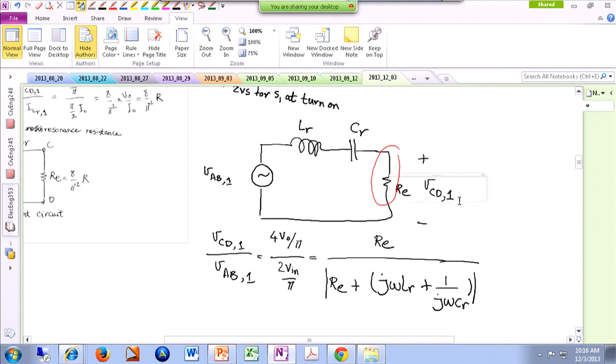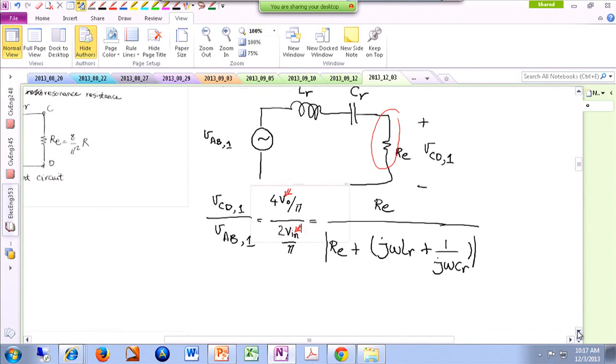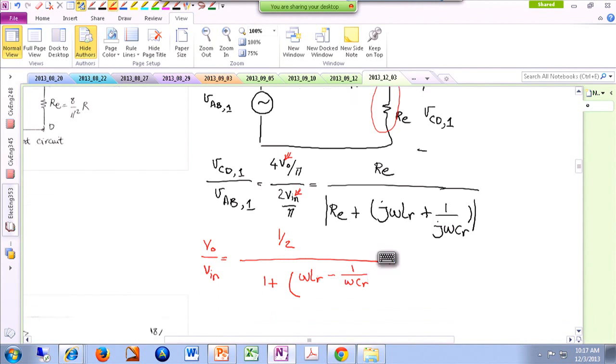Now, so you can see on one side of the equation I have the DC value of the output voltage. On one side I have the DC value of the input voltage, and then the rest are the parameters in the system. So if I just simplify this or rearrange this, I will get to this. Omega LR minus 1 over omega CR over RE.